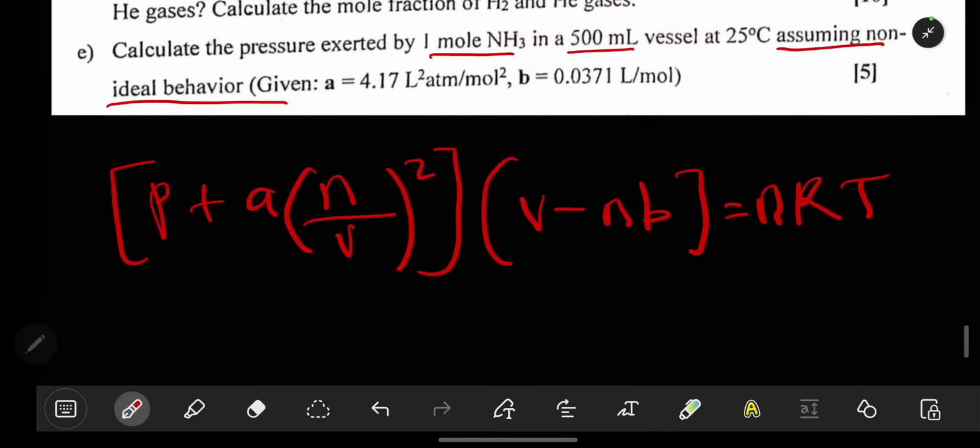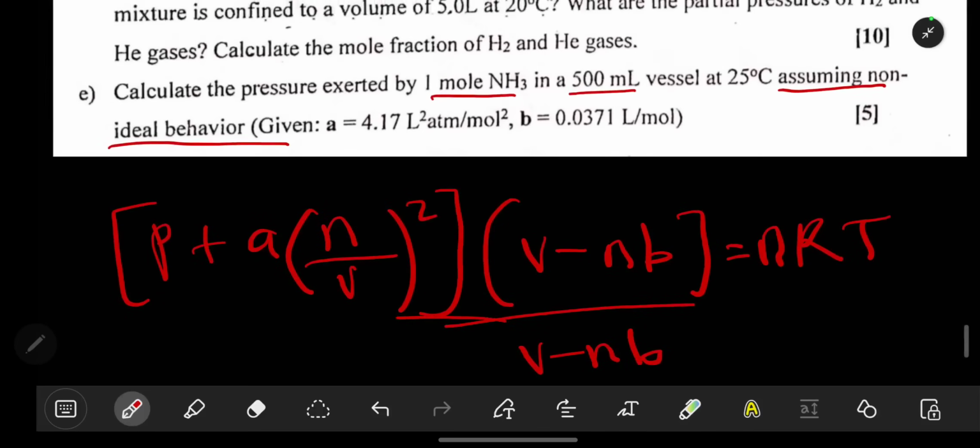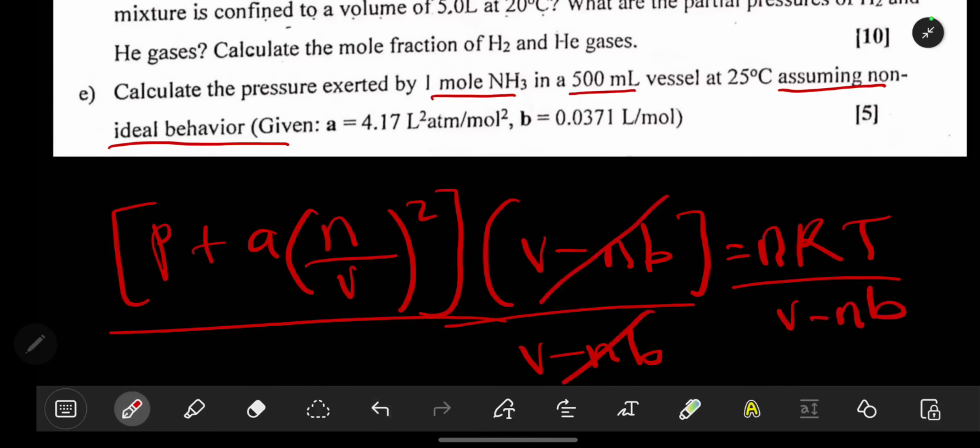So we are now going to divide. We want to make pressure the subject of the formula. So divide over the bracket, and here V minus nb, this and this cancel.